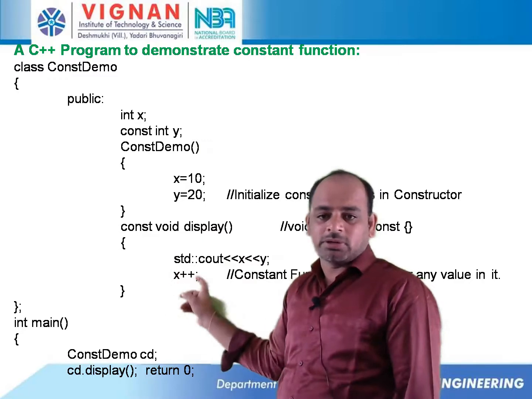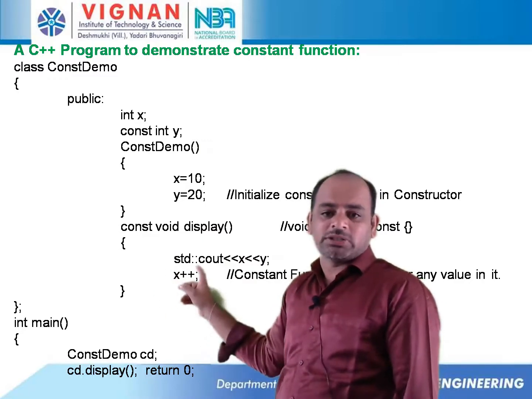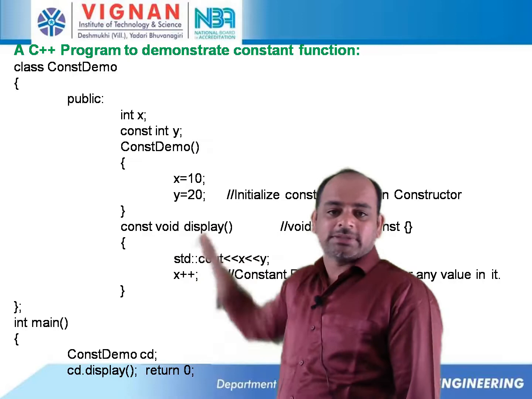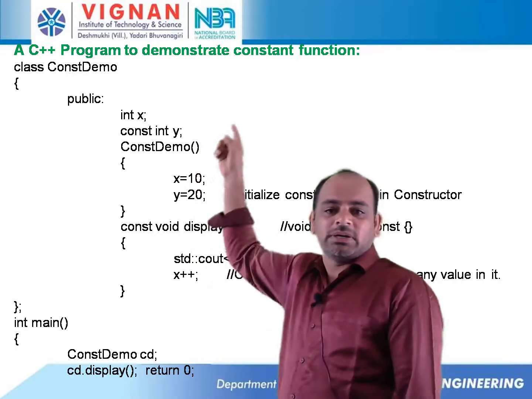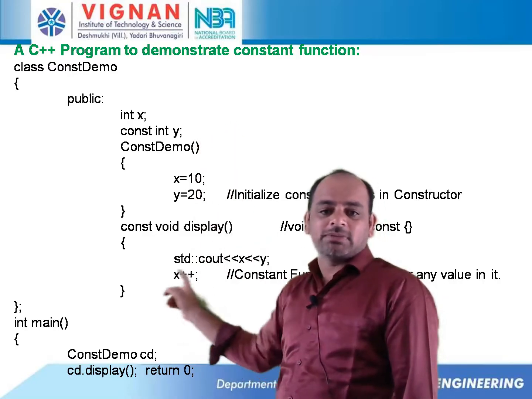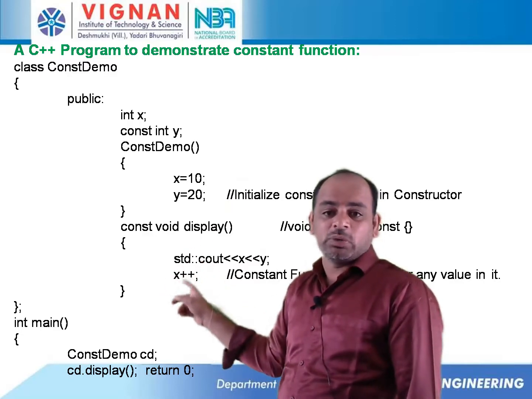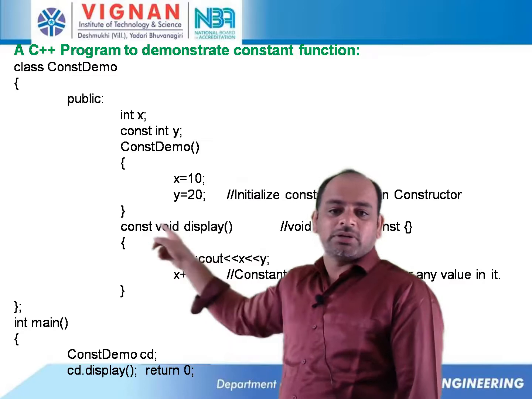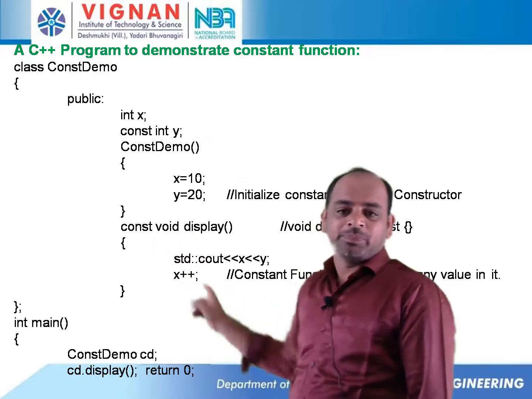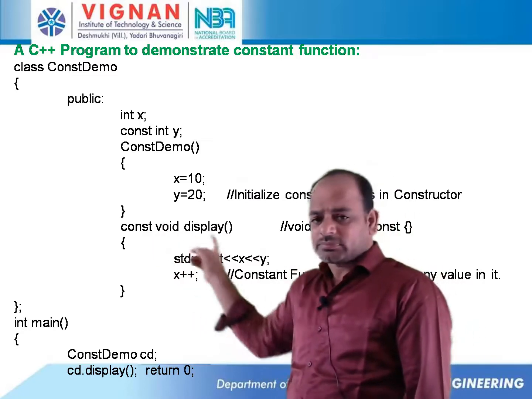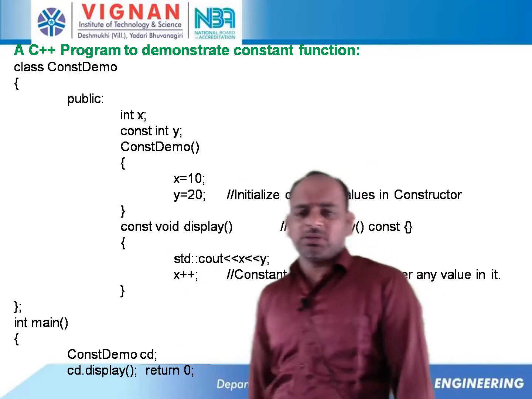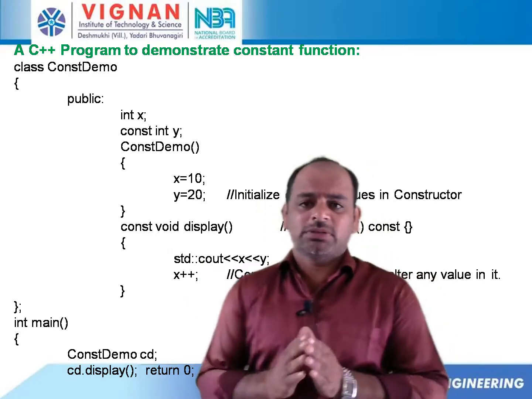It can be a non-constant member or it can be a constant member. But actually here x is a non-constant variable. Even though it is a non-constant variable, its value cannot be changed, right? Because you are doing this operation in the constant member function. So what does the constant member function do here?